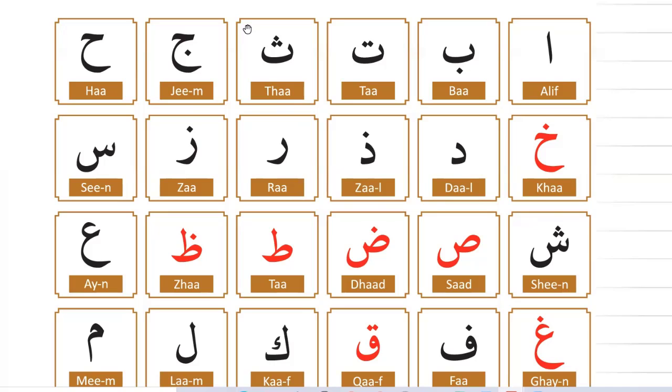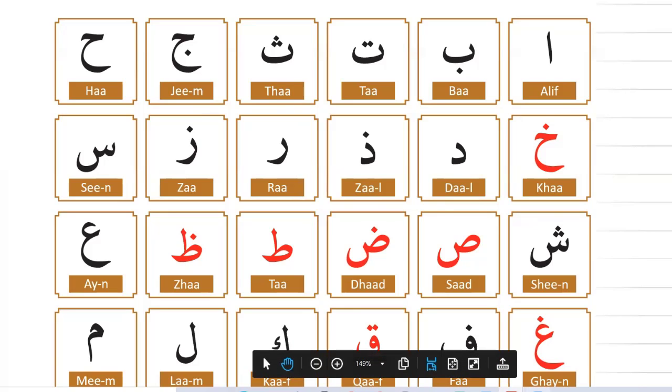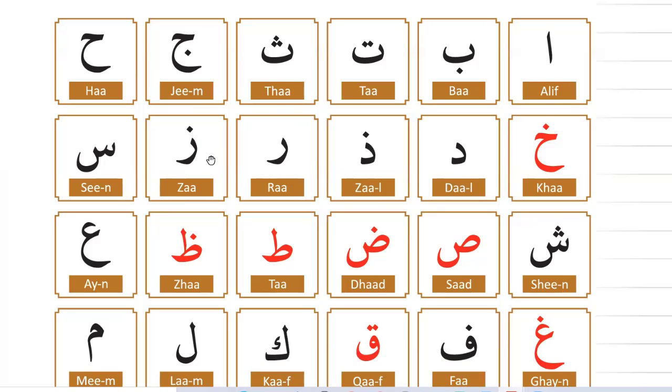And again, in the last class I opened my camera for a few minutes and showed you how you can pronounce this letter. This time we will try to do the same practice, but hopefully you sisters are in a separate room because it is a class only for the sisters.